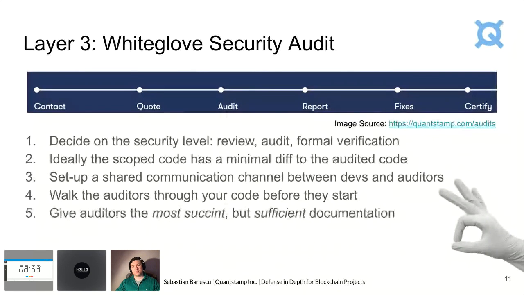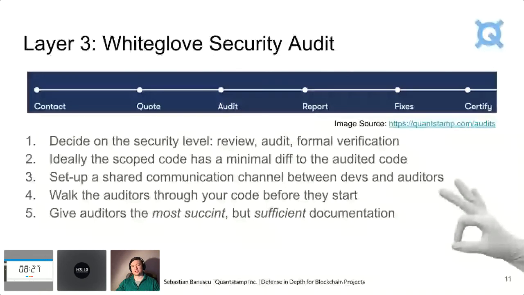This is really important, and relates to one of the first things I mentioned in the presentation, the documentation. You should give auditors the most succinct, so the shortest but sufficient documentation. We've had projects which gave us tons of papers they published, multiple websites, community documentation, internal documentation, and so on, right?